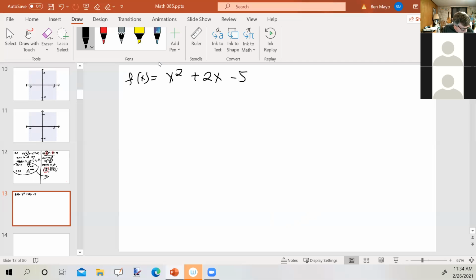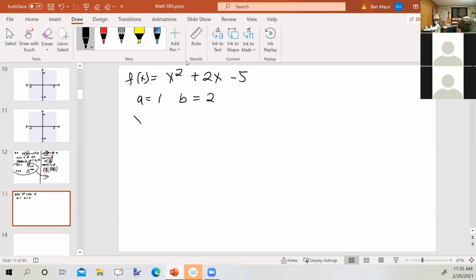And it says to find the vertex of each function. What I'm going to do, I'm going to go ahead and find the axis of symmetry and the vertex. I'm also going to talk about whether it opens up or down. So I'm going to do more than the instructions, which you don't see anyway. Okay, this is in the form y equals ax squared plus bx plus c. So a is 1 and b is 2.